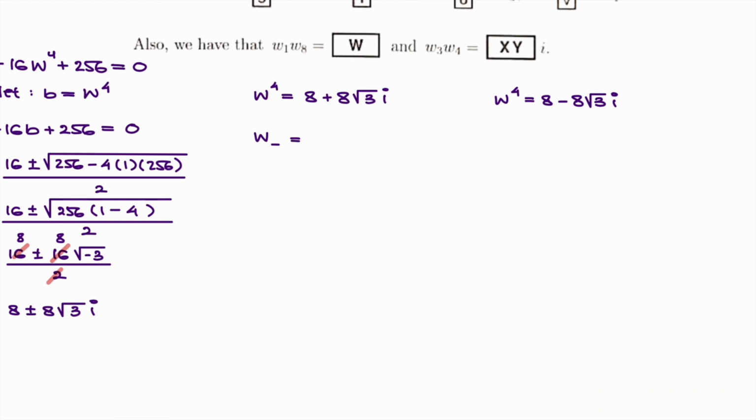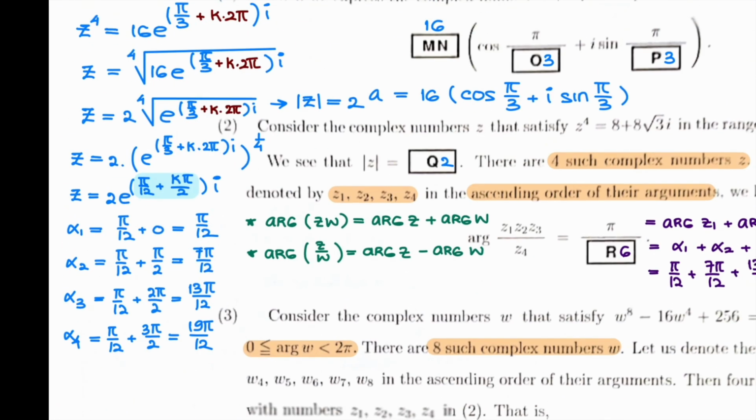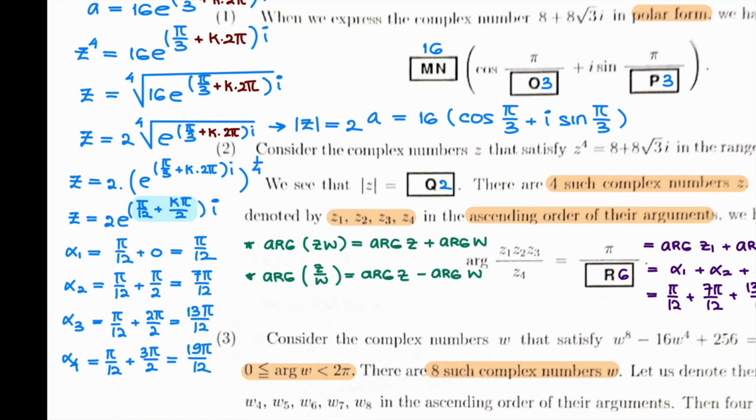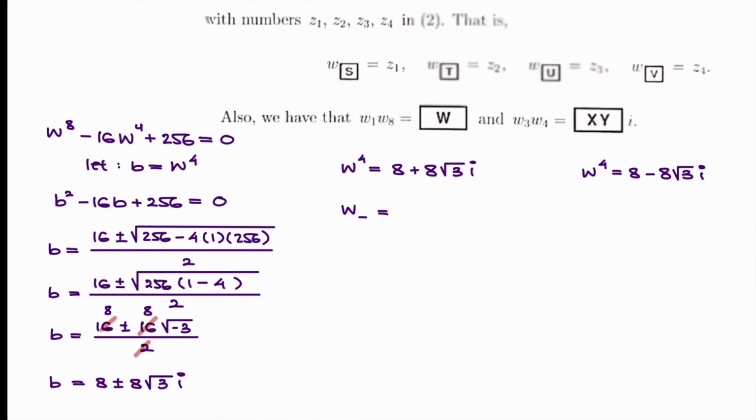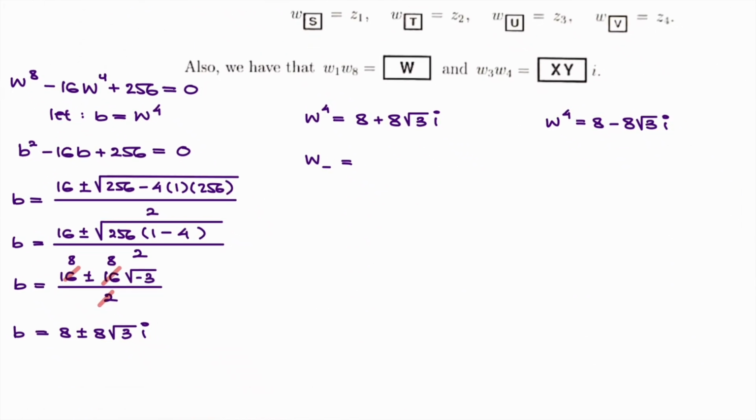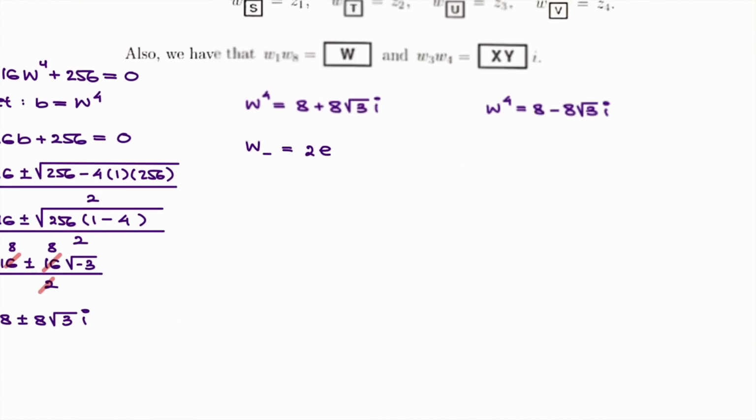So I have W, the first one is, remember the modulus is 2. The modulus is 2. The argument is this one. So we have four solutions. If I write it down in the exponential form, I have 2e to the power of, the first one is pi over 12i.